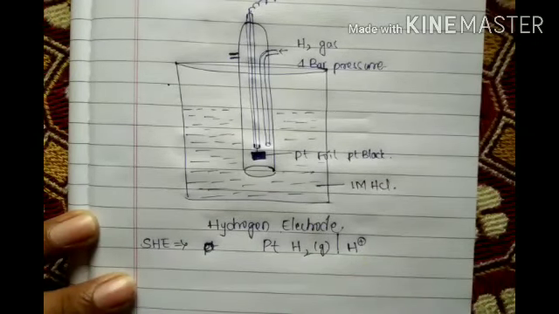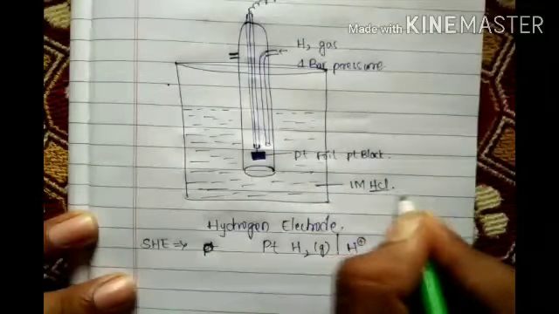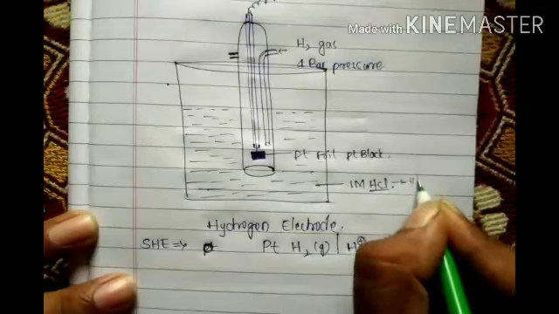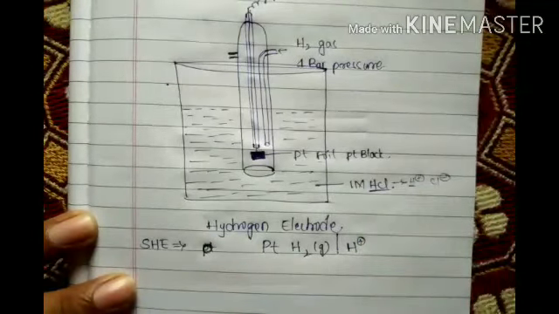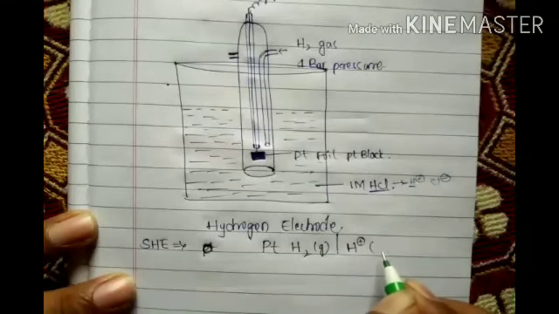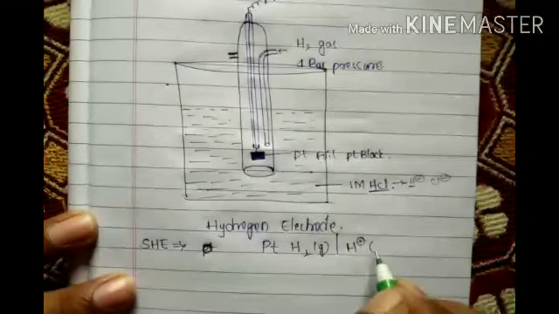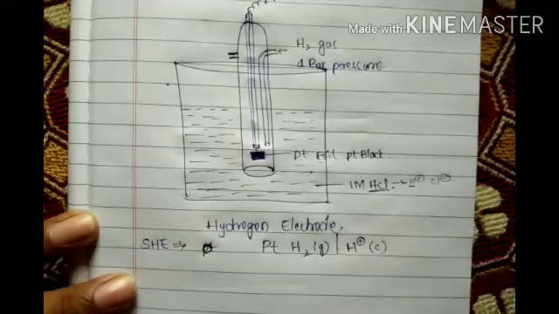Why are we taking H plus? It is HCl, so from it H plus and Cl minus will come. So we take H plus, and the concentration, 1 M, we have to take.